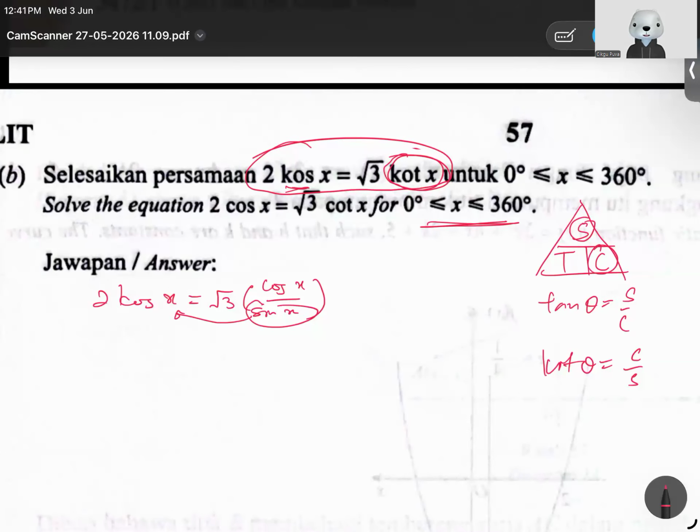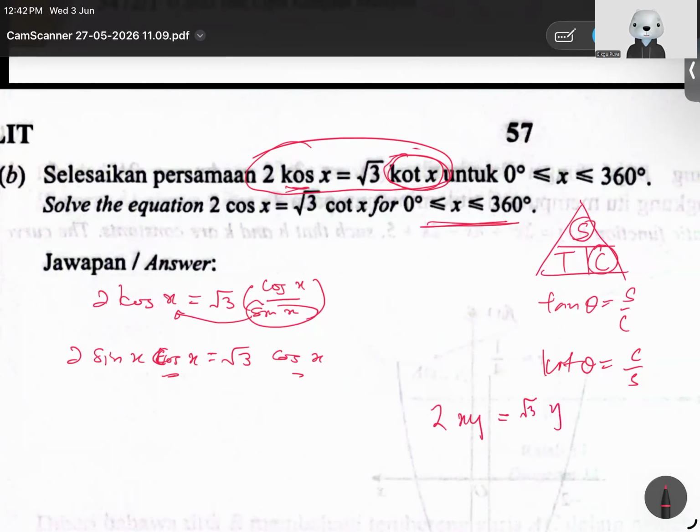Multiplying across, it becomes 2 sin x cos x equals 3 cos x. Then I see here got cos x, also got cos x. Why not we bring it to the other side? I was thinking like this: 2xy equals, for example, 3y.